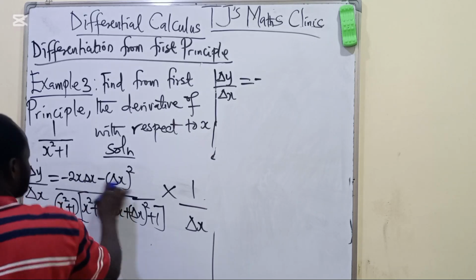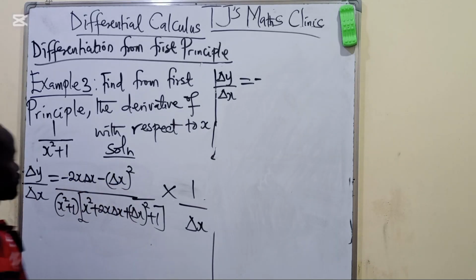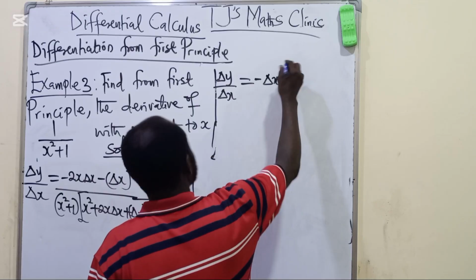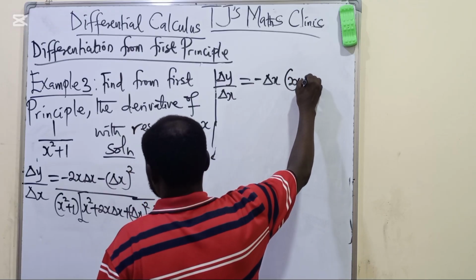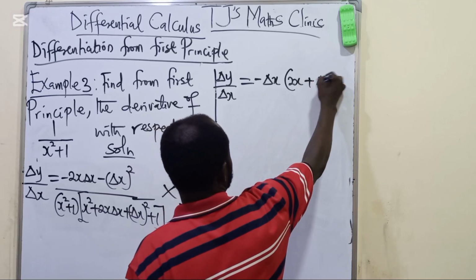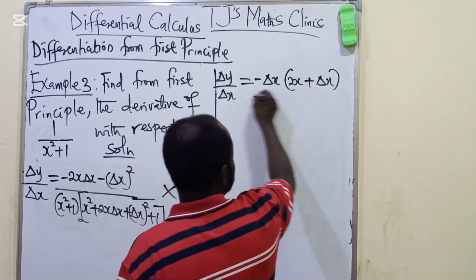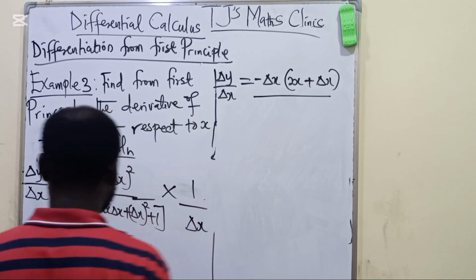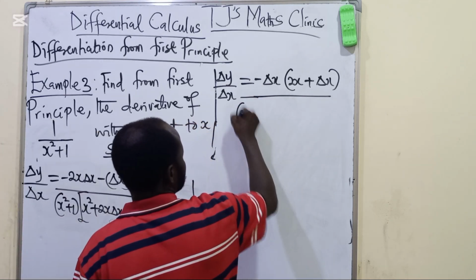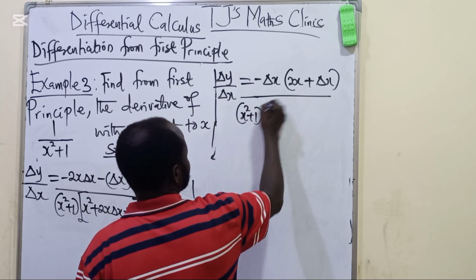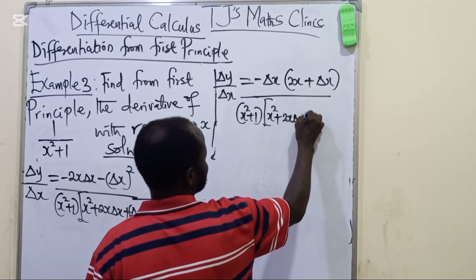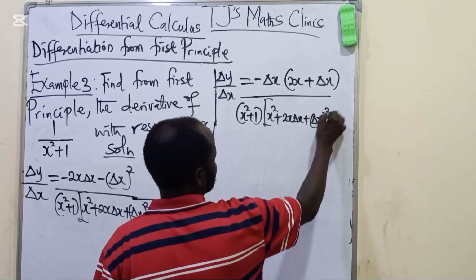We can factor delta x here in our numerator such that we have delta x into 2x. If we factor minus delta x, that will be plus delta x now. We close the bracket, divided by x squared plus 1, in square brackets, x squared plus 2x delta x plus delta x all squared plus 1.